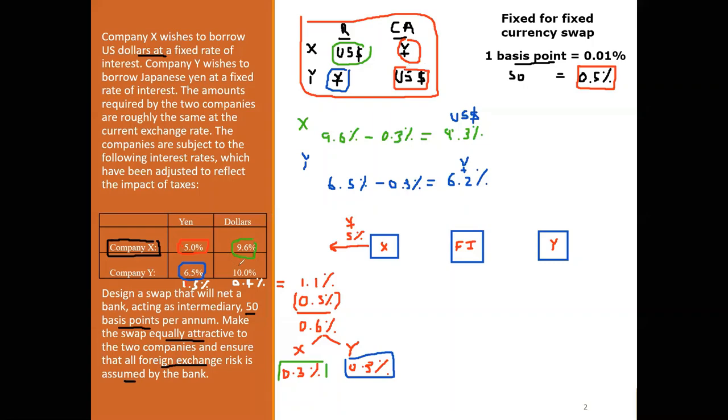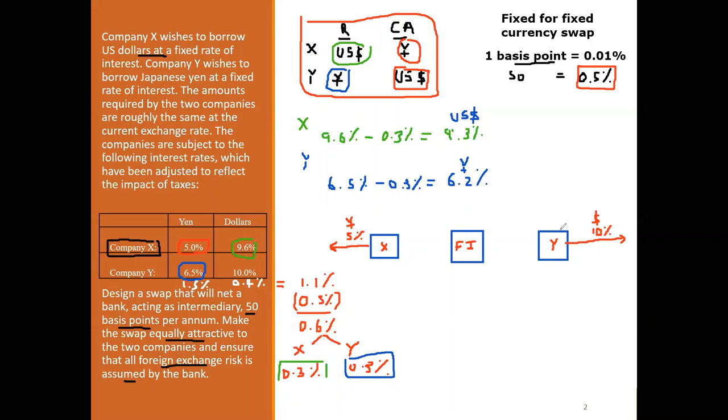If Y borrows from the US dollar market, the cost would be 10%. So Y will pay 10% to the outside parties on the US dollar amount that was borrowed, right? So that is the cost of Y to the outside party, paid on the dollar amount.